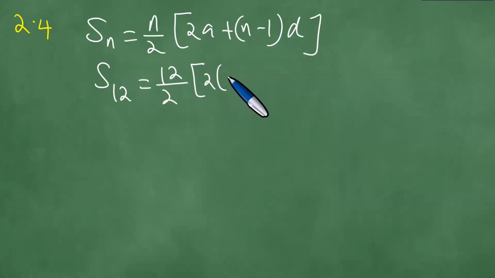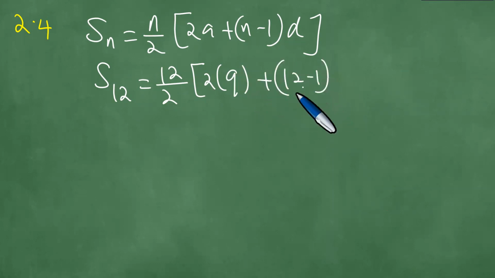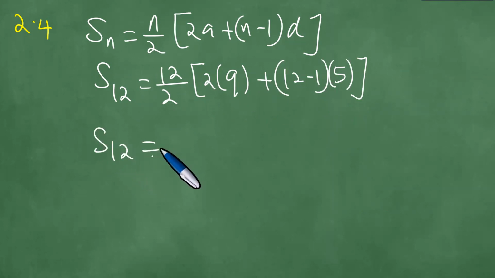What is the first term? We got the first term to be 9. And the common difference is 5. And then we have the answer. What is the answer to this? Please come again.